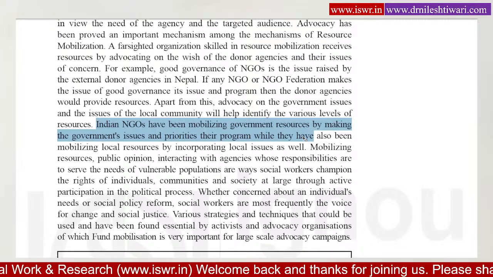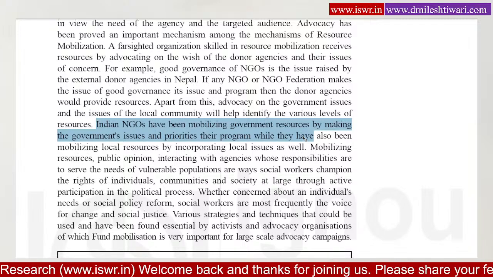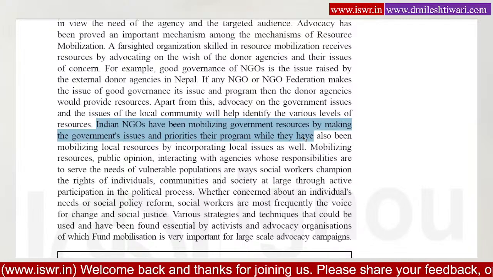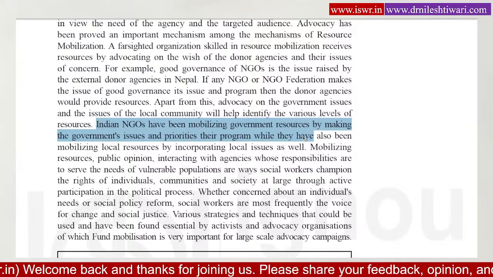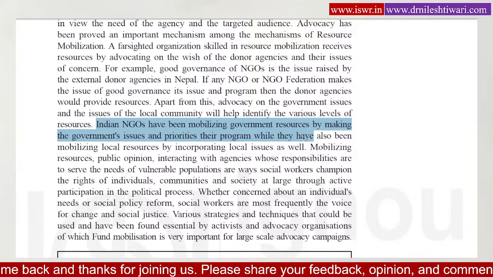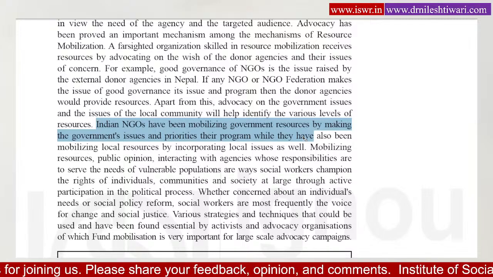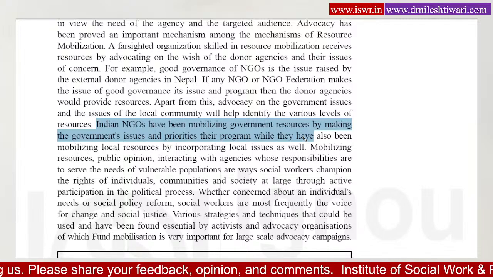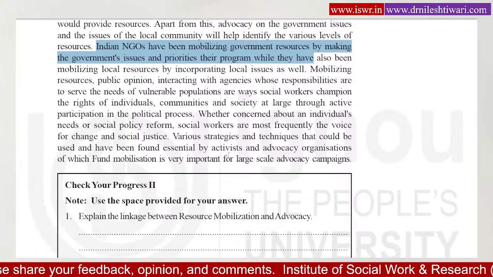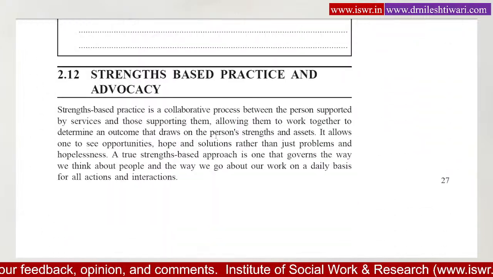The NGOs get grants and financing from the government for working on the lines of the union government of India or the state government. So this is all about that, right?